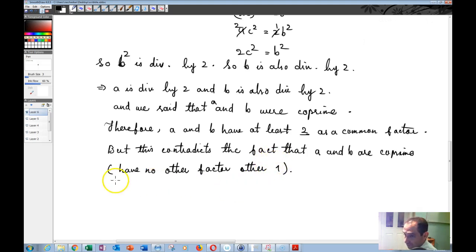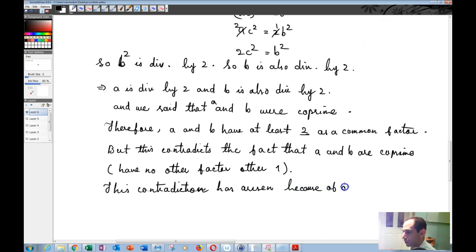And this contradiction has arisen because of our incorrect assumption that square root of 2 is rational.